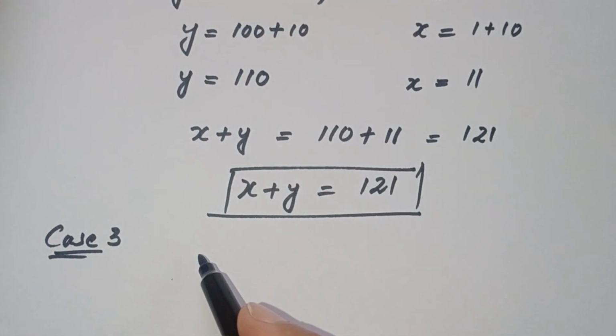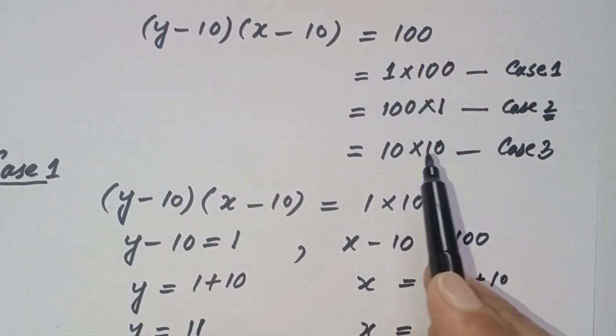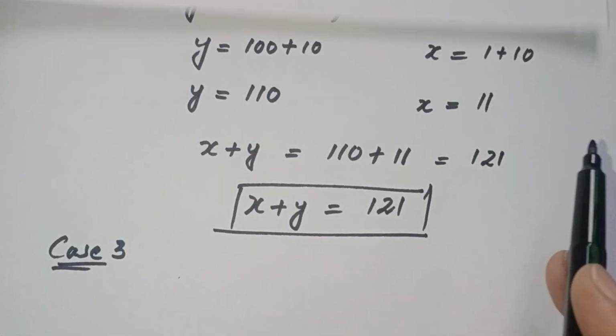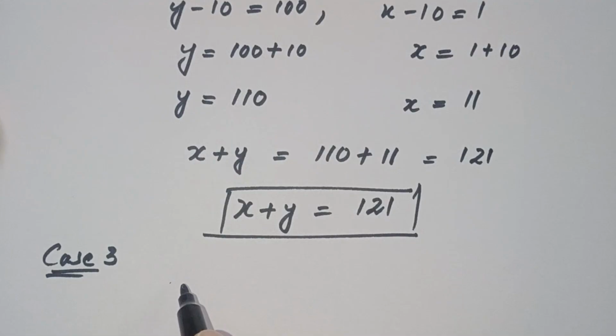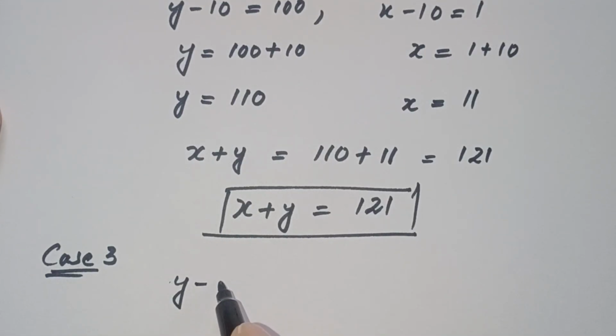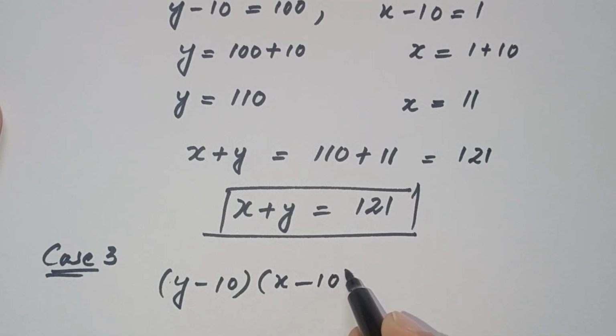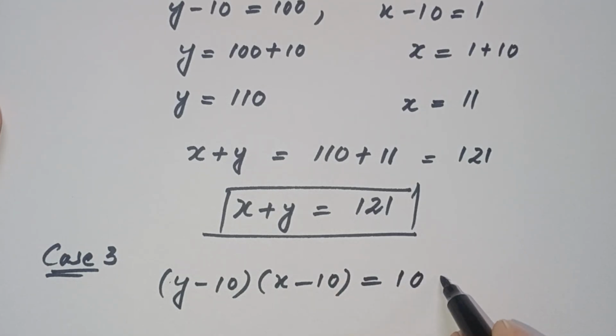Now case 3. For case 3 we will take this one, 10 multiplied by 10. y minus 10 times x minus 10 is equal to 10 multiplied by 10.